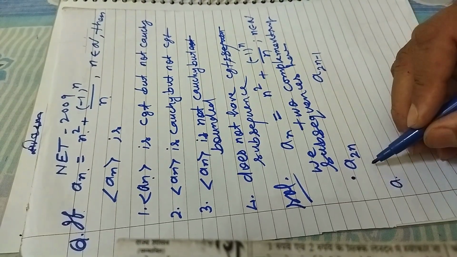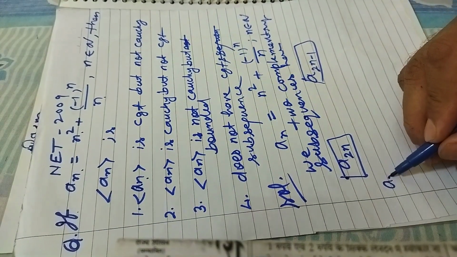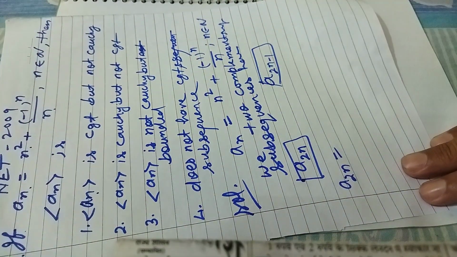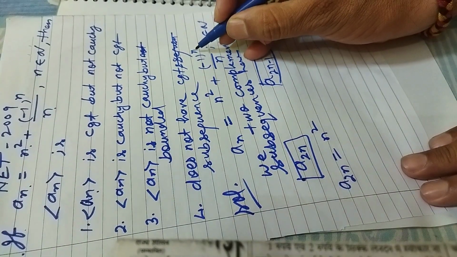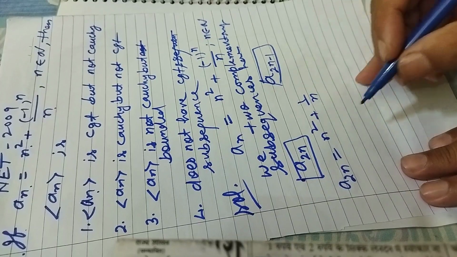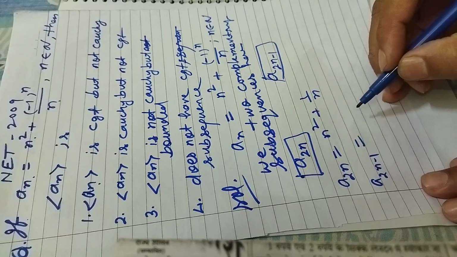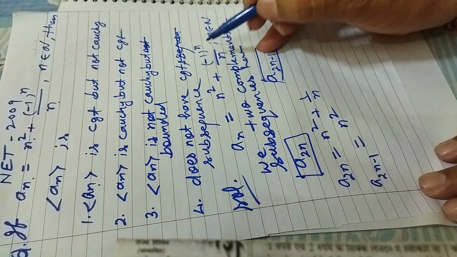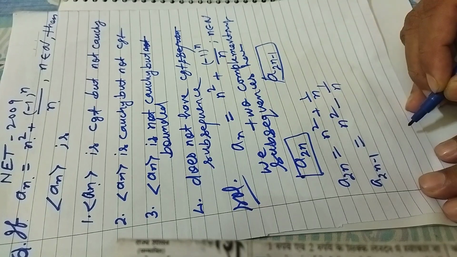Now a_2n is equal to n squared plus, since this is even, 1 by n. And a_(2n-1) is n squared, and this becomes minus 1 for odd values, upon n.